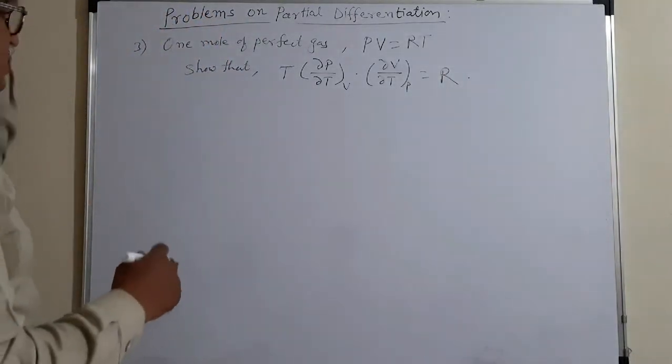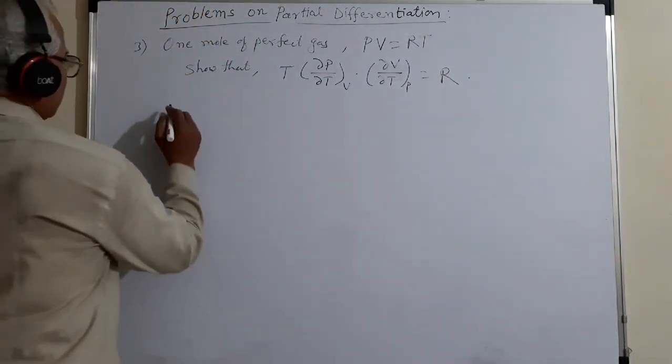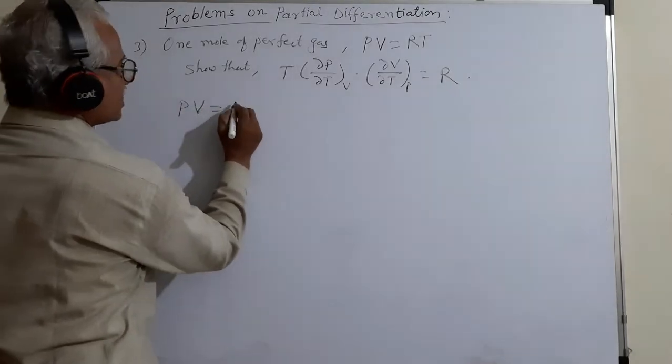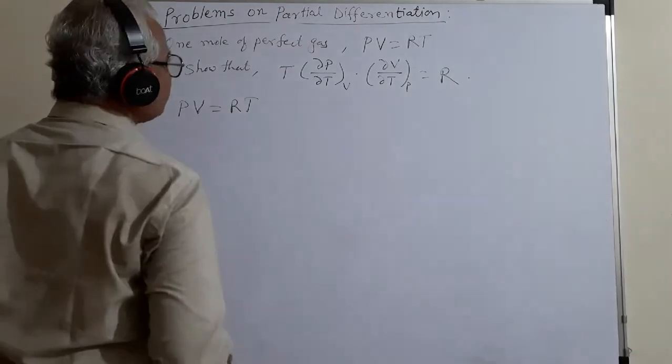So let us start from the given equation. We are given the perfect gas equation as Pv is equal to RT.